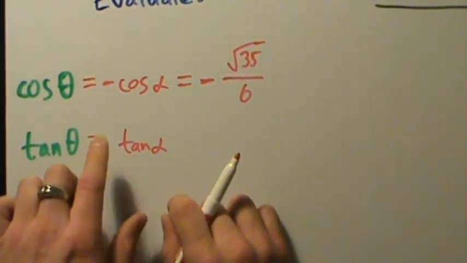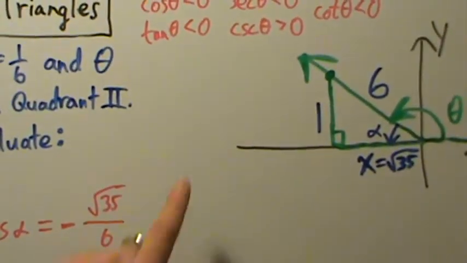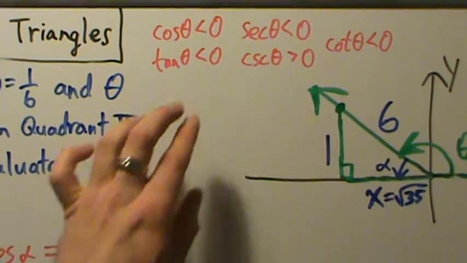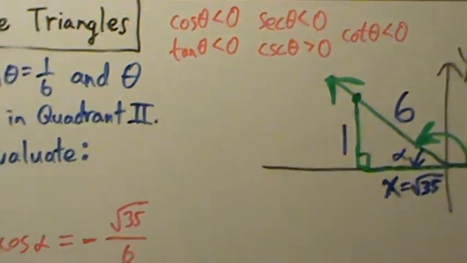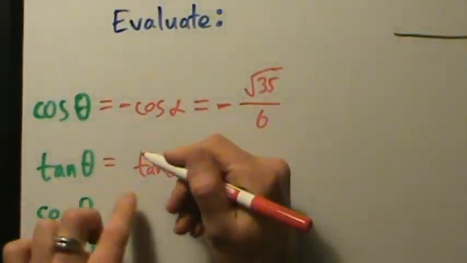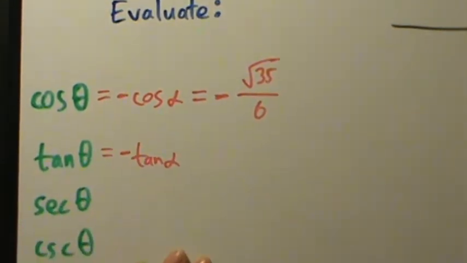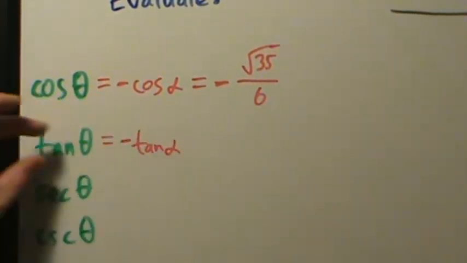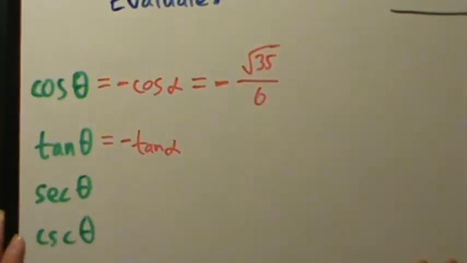And it actually does, because theta is in quadrant 2, so the tangent of theta is negative. So tangent of theta equals negative tangent of alpha, because we have to ensure that tangent of theta is negative. This is just how reference angles relate to their angles.